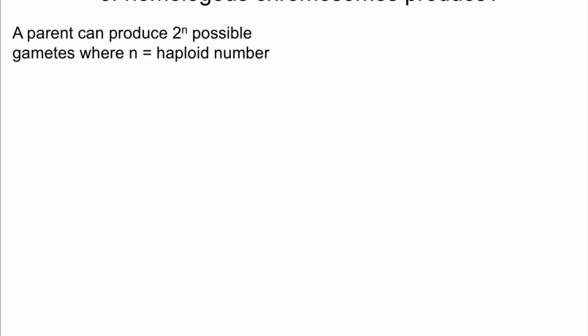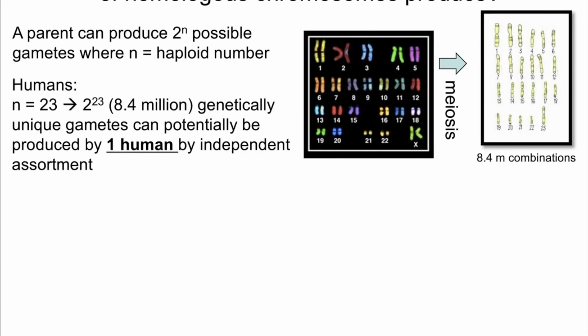As it turns out, a parent cell can produce 2^n possible gametes, where n equals the haploid number. So independent assortment can produce 2^n possible different combinations of alleles in different gametes, where n equals the haploid number. For example, in humans, n is the number of chromosomes, so n is 23.